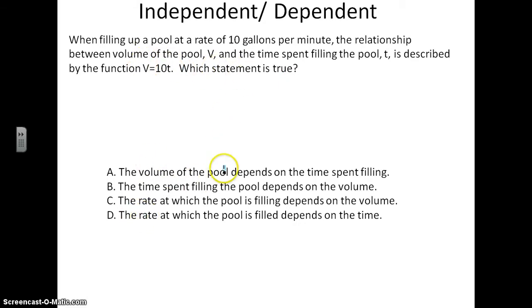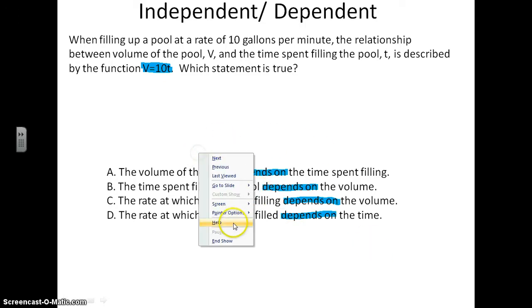Anytime it's asking for independent and dependent, we're always going to look at the equation. So you're going to take your equation. Now, the way that I know that this is independent and dependent is because in my answer choices, it says depends on. And that right there tells me I'm talking about independent and dependent. So something's going to depend on something else.